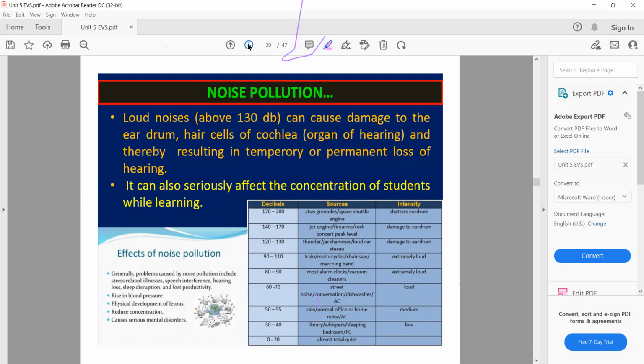It damages hair cells of the cochlea, that is the hearing organ, the balance organ in your ear, thereby resulting in temporary or permanent loss of hearing. Impaired audibility is caused by noise pollution. It can also seriously affect the concentration of students while learning because it's a source of constant disturbance.